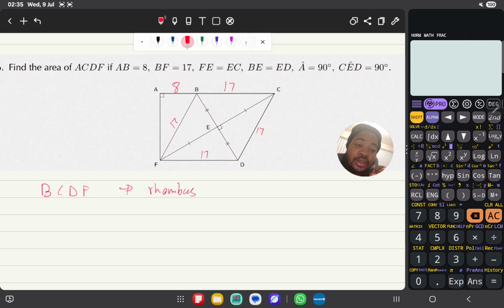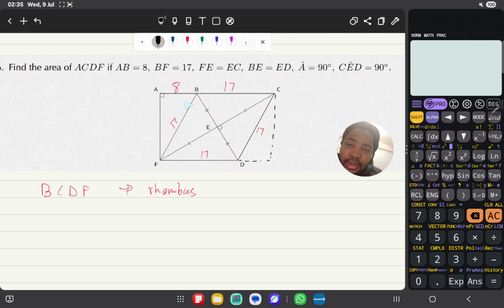But what if we construct, this is not straight enough. Cool. So we construct that.